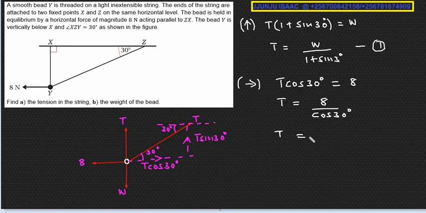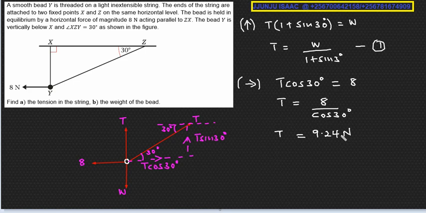So our tension will be, pressing the calculator, the tension is 92.4 newtons. That is the tension.